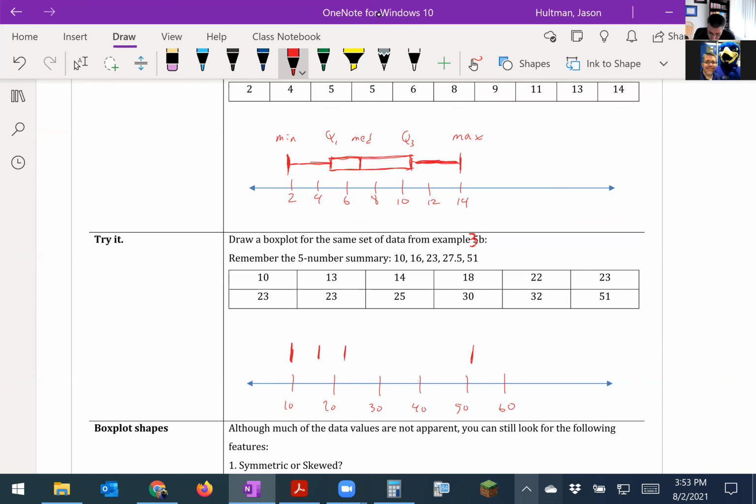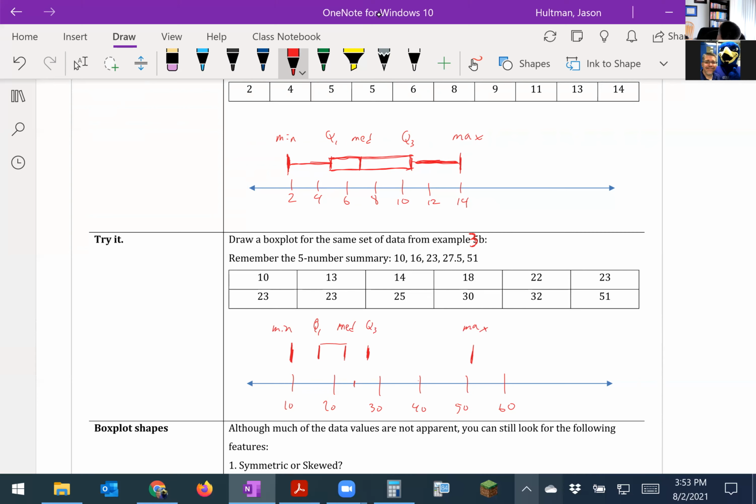I'm just kind of eyeballing it, it doesn't have to be incredibly accurate. And then 27.5, that's less than 30, but bigger than 25, so it'd be about halfway in between. And so this is Q1, this is our median, this is Q3, this is our maximum, and this is our min.